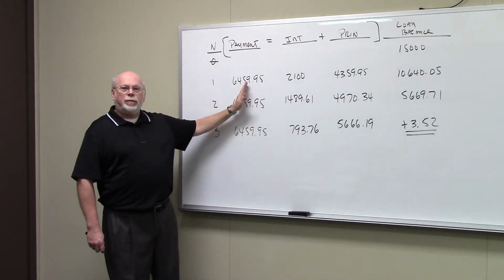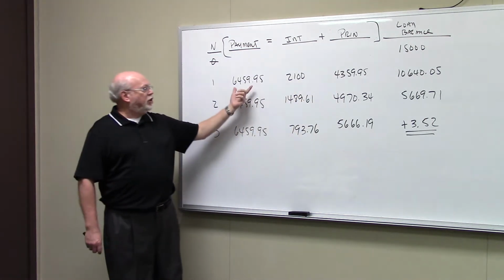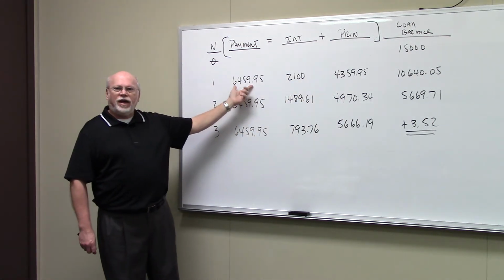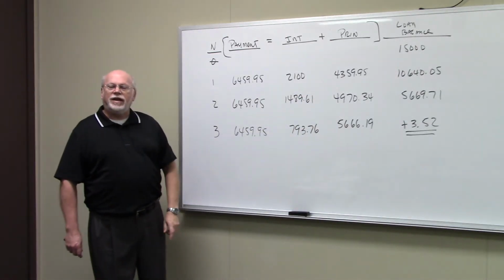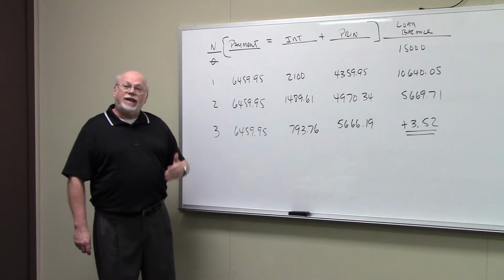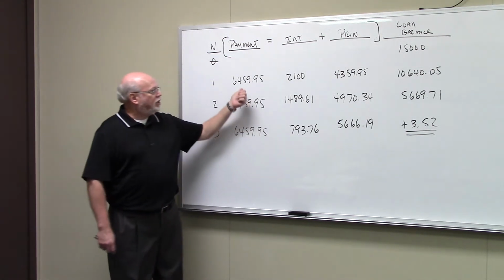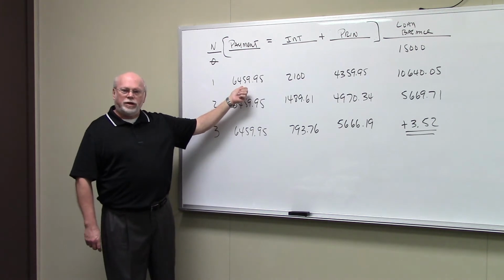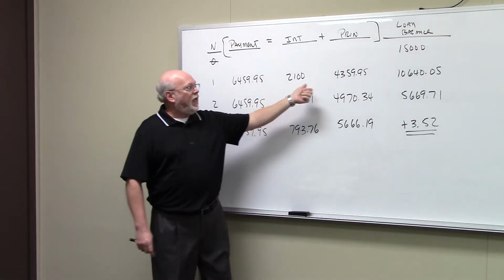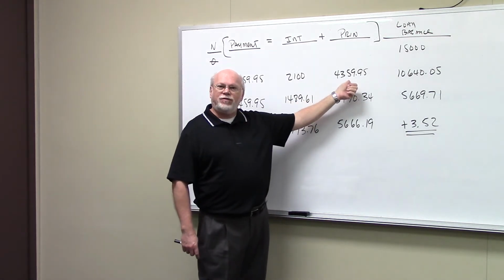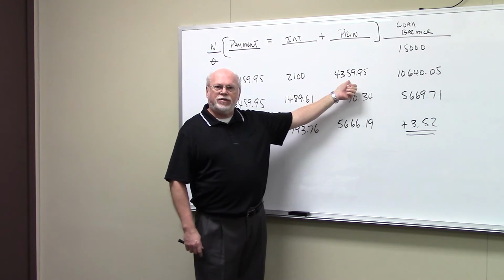The difference between the payment and the interest is the principal portion of the loan. So $6,459.95 minus $2,100 is $4,359.95. And that's how much of the loan that we've paid back. So with the first payment at the end of the first year, we paid the bank $2,100 for the use of their money, and we paid back how much of that $15,000? $4,359.95.